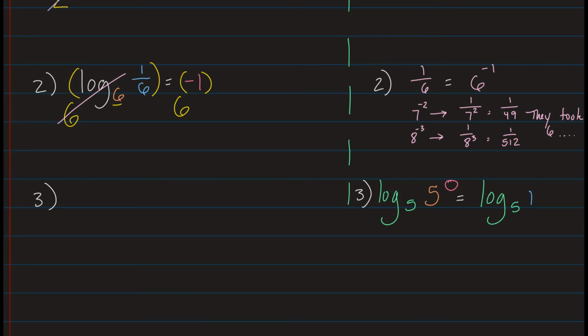Now we know the opposite operation of exponential is log. So here I have log base 5 of 5. Guess what? That cancels out. And all that you're left with on this left hand side is 0. So we have 0 on the left hand side is equal to log base 5 of 1. So I've successfully converted from exponential back to log.